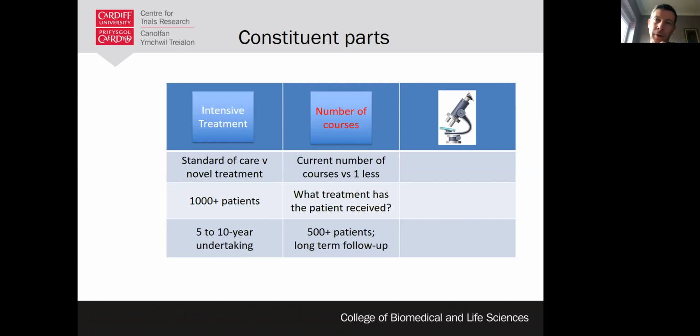That was never supported by any robust evidence. So we want to reduce the amount of treatment that patients receive without significantly decreasing their outcome. In order to undertake that sort of investigation, we need to know what treatments the patients have received. You probably need fewer patients to do that sort of analysis, but equally long-term follow-up as you would need in the intensive treatment.